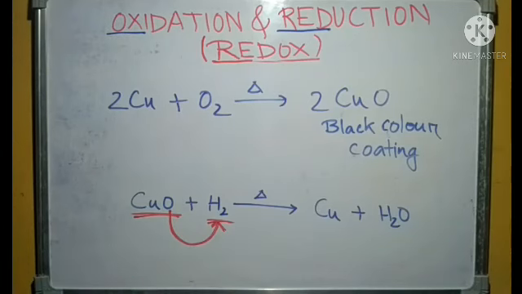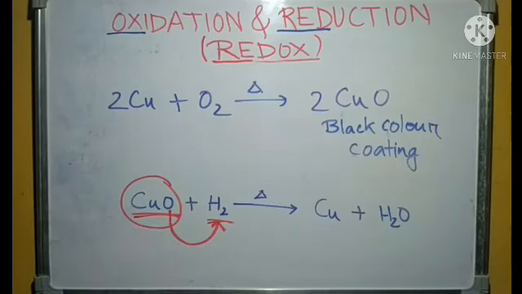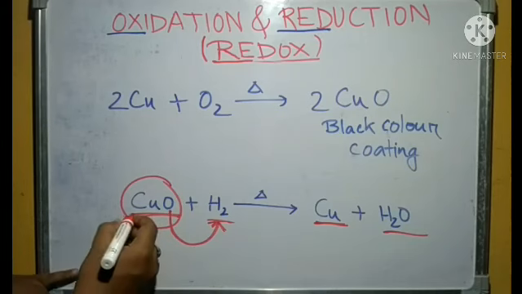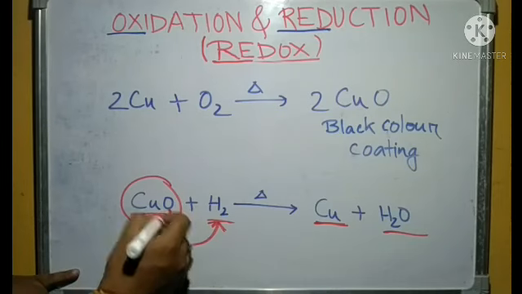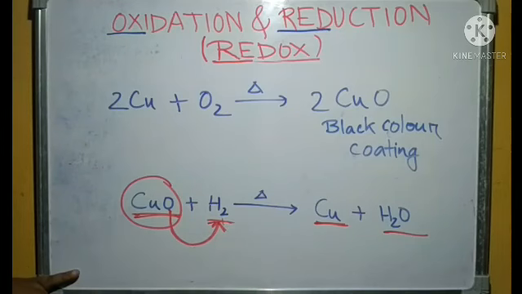So this copper oxide is losing one oxygen atom, and it is forming again copper powder and water. In CuO it has an extra oxygen; in Cu this oxygen is not present now. That means copper oxide has lost this extra oxygen atom, and the oxygen atom goes to the hydrogen gas.